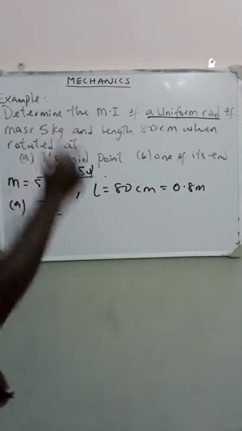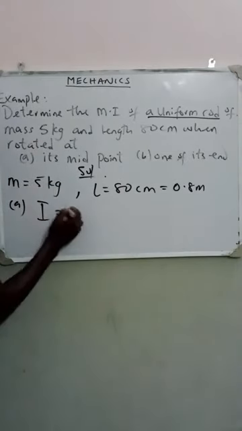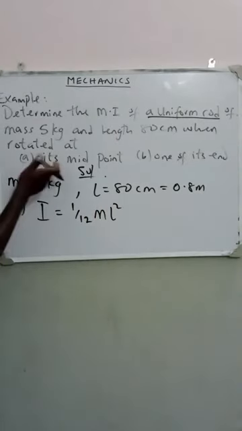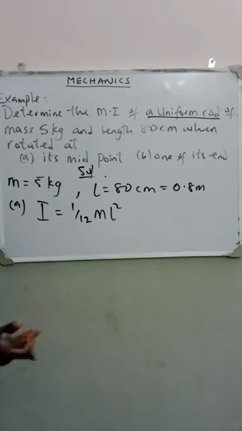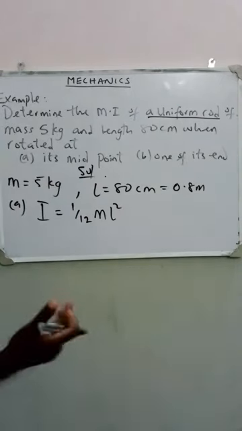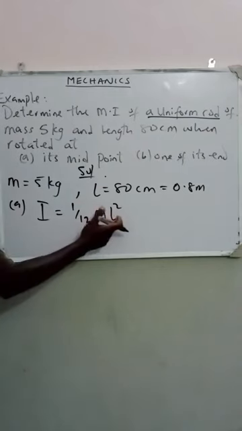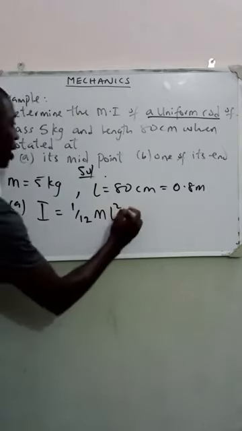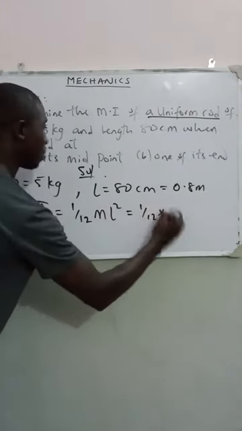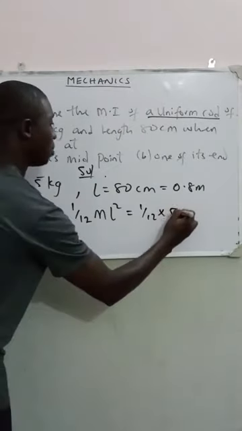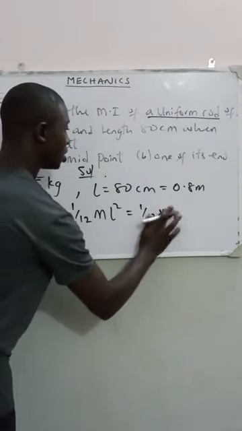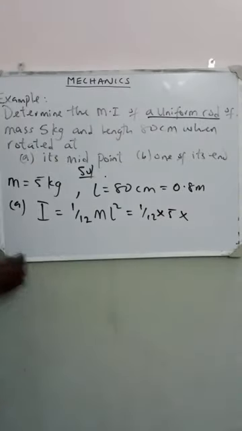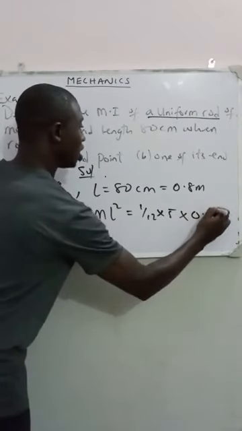If you go back to the table, you will see that the formula is 1 over 12 ml squared, where m is the mass and l is the length of the rod. Applying this, I have 1 over 12 multiplied by the mass, 5, multiplied by the length, 0.8 squared.